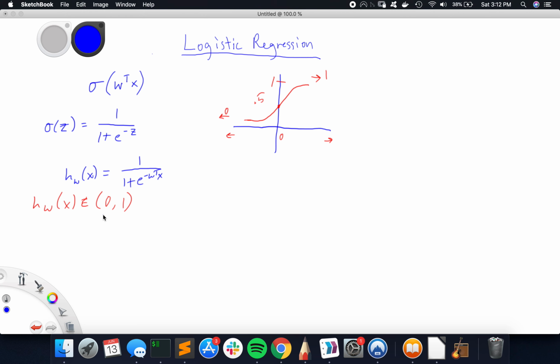So we're going to interpret h_w of x to be the probability that y, the true classification value of x, is equal to 0.